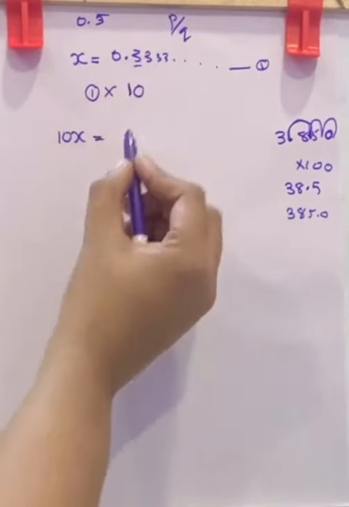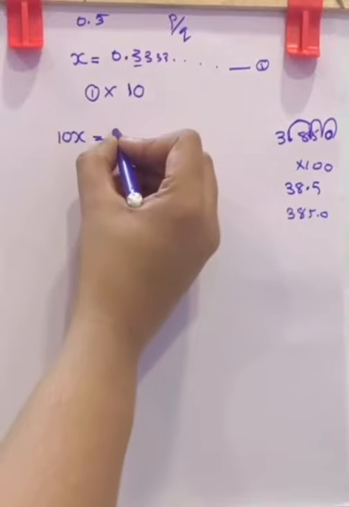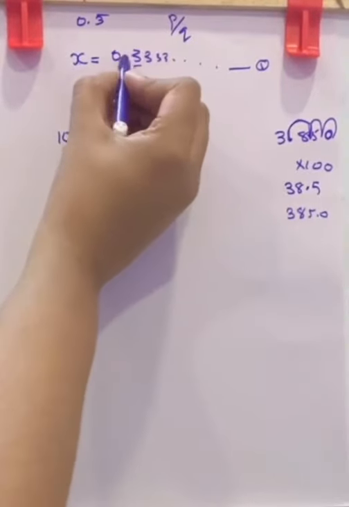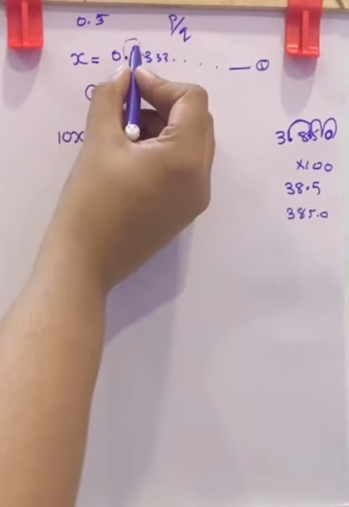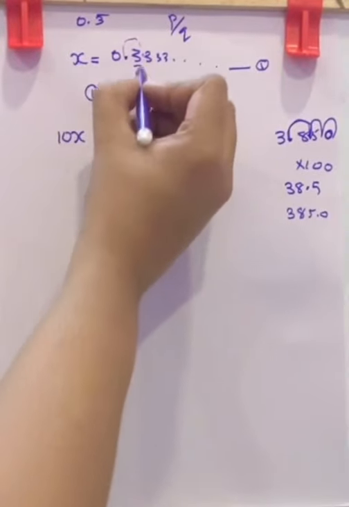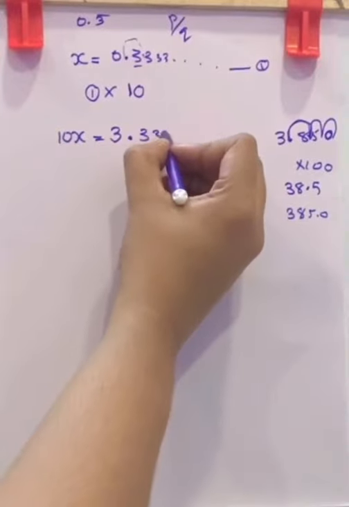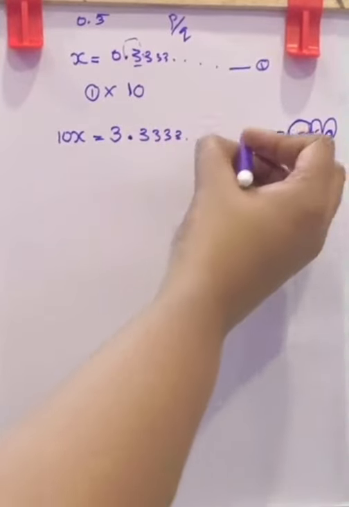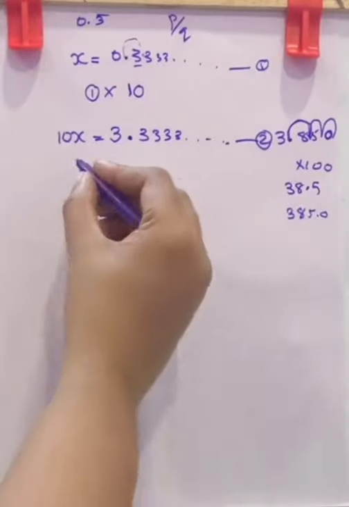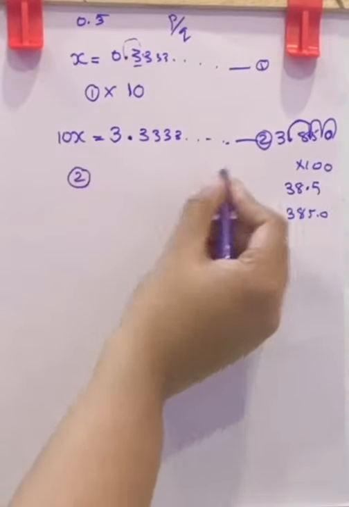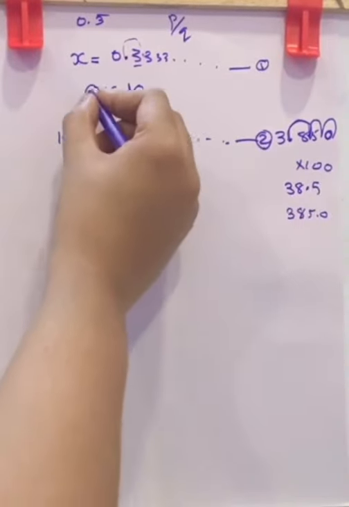Jumping one place, this becomes 3 point, the remaining 3's. Let this be equation 2. We got this. Now we want to do equation 2 minus equation 1.